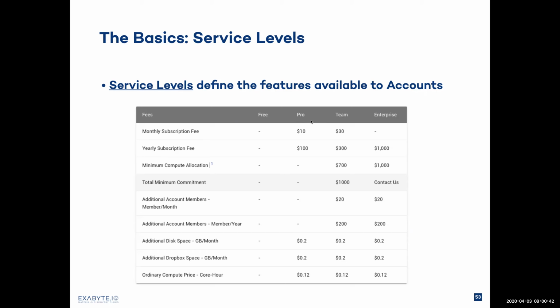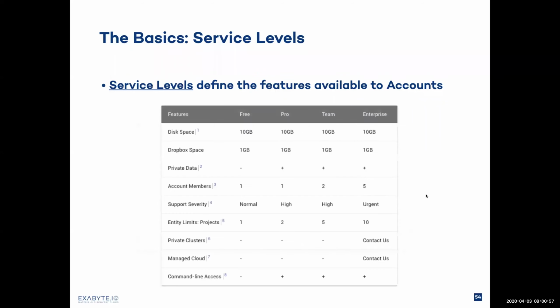When you don't need to share the data with anybody else, you can subscribe for the Pro level. Team is good for smaller teams, and Enterprise is good for larger organizations, for people willing to collaborate with multiple other users. And we have different kinds of features available to these different kinds of service levels.